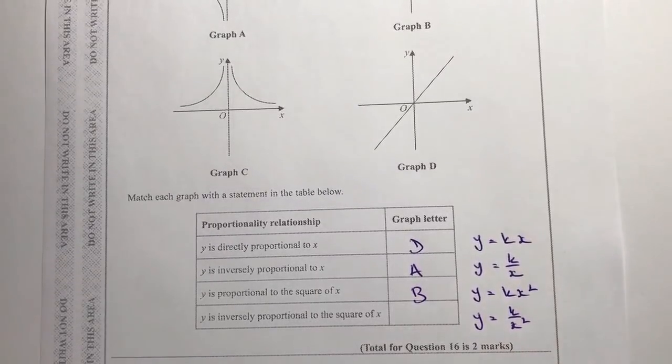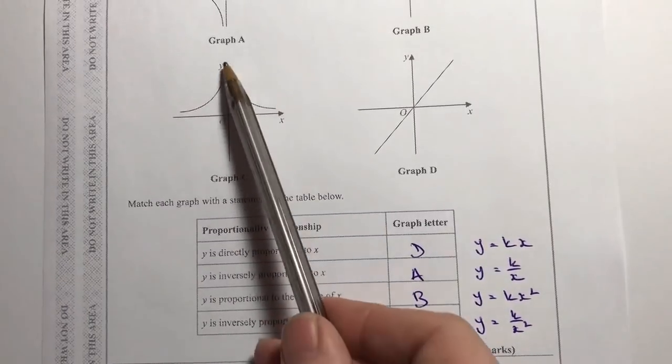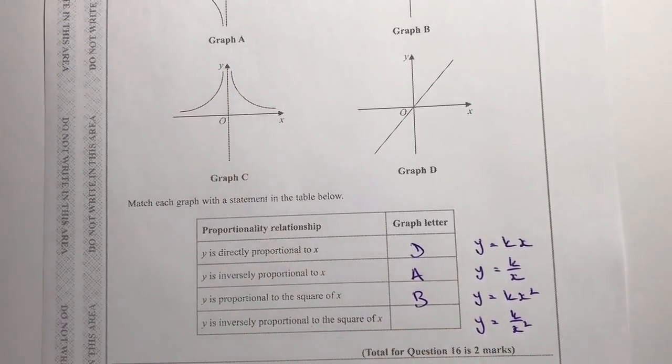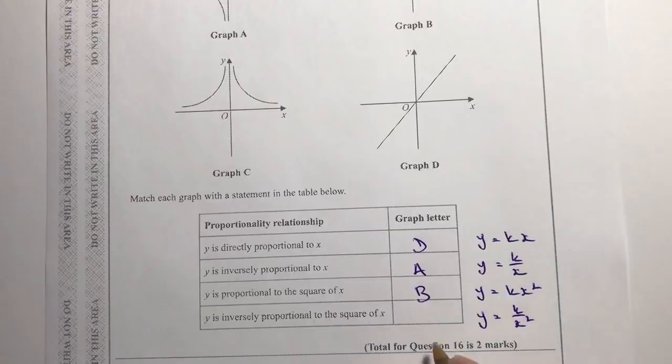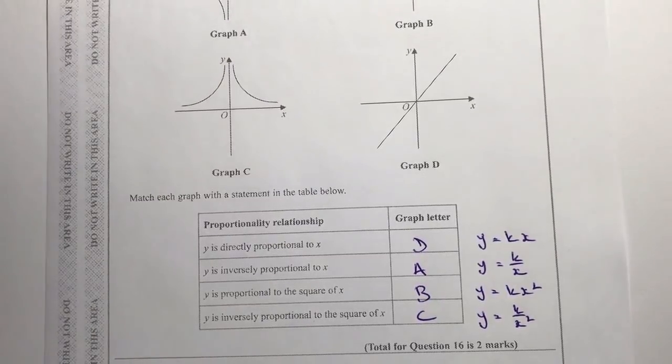Again, that's a similar sort of curve relationship, and that's going to give you C. Hope that's all right. It's one of those where you can come back to it towards the end of the exam and just have a go at it.